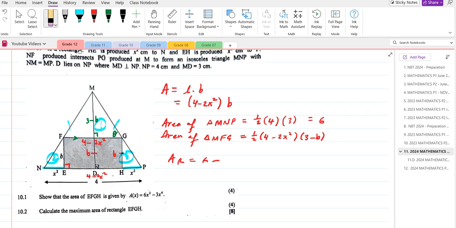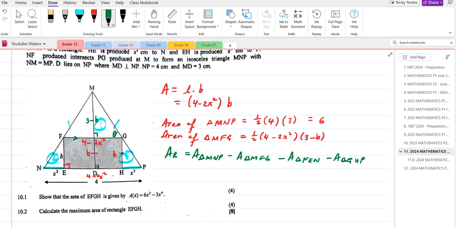Let's write it. So we kind of have something here now. Say area of rectangle is equal to area of triangle MNP minus area of triangle MFG minus area of triangle FEN minus area of triangle GHP.